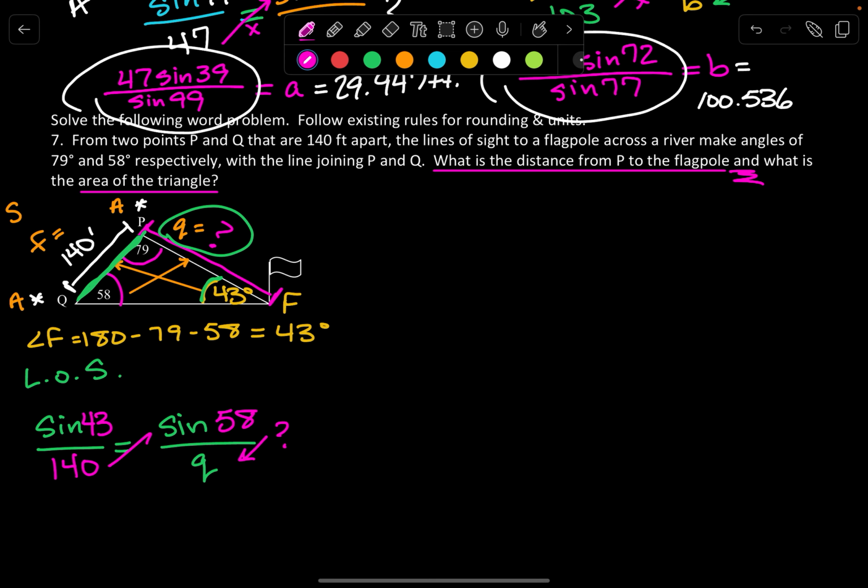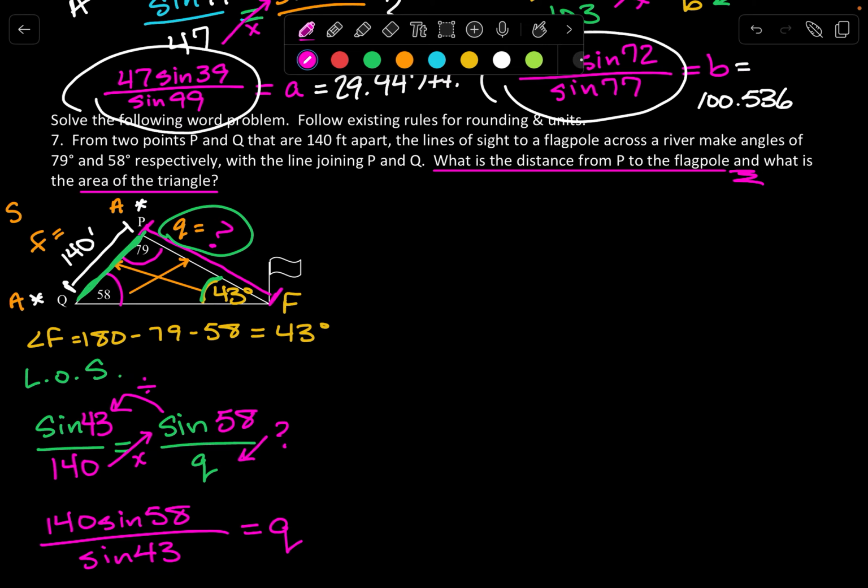So I'm going to cross multiply and divide. 140 sine 58 divided by sine 43 should give me q. And if you type that into your calculator, you will get that side q is 174.087 feet.